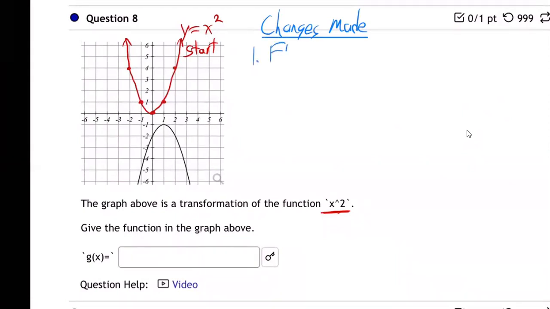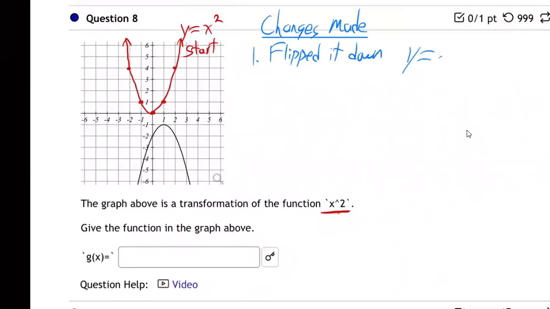Well, they flipped it. I think we can tell right away. They flipped it down, didn't they? What do you do to the equation y equals x squared that you start with to make it flip down? What makes it flip down?